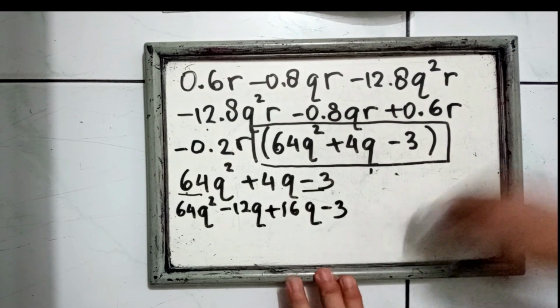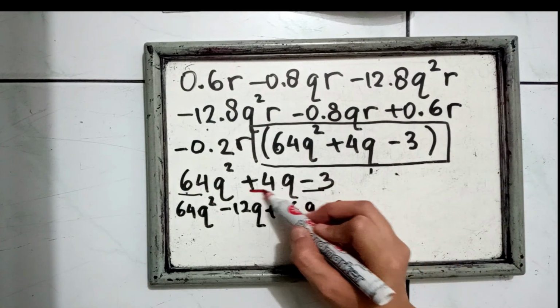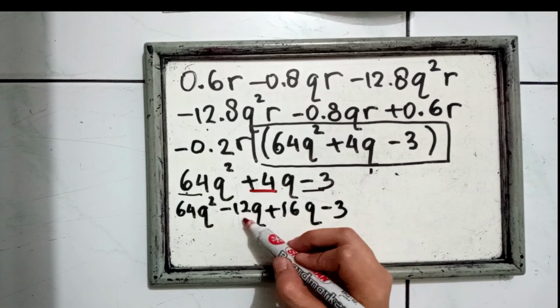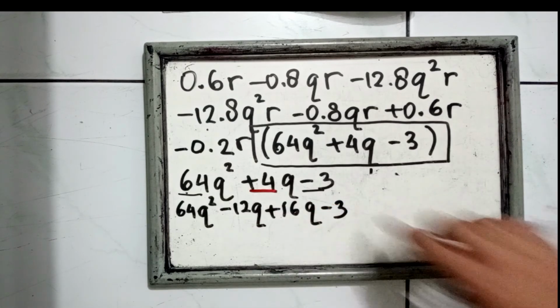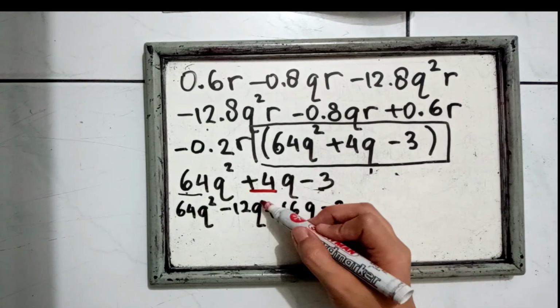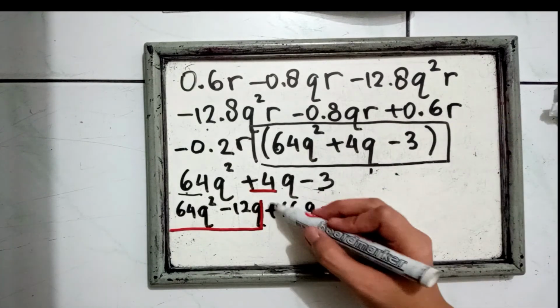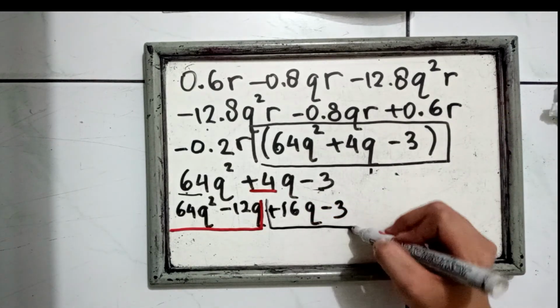Okay, so now we know 4 is the same as negative 12 plus 16, so we don't change anything here. Yeah, so let's separate this, same like previous. We separate this and we separate the others.